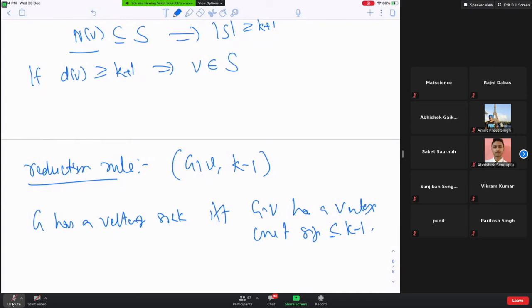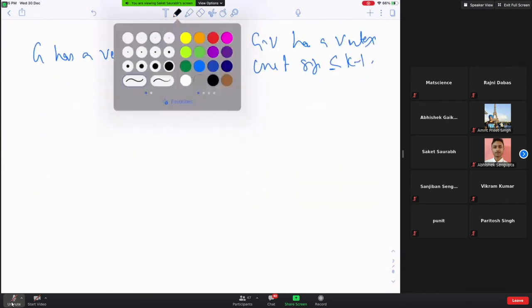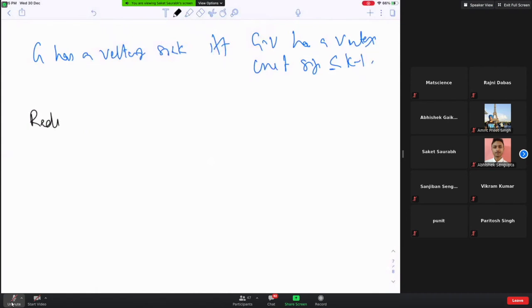So in my graph, if I find a vertex with degree greater or equal to K plus 1, then I know this vertex must be part of my vertex cover. I can delete it from the graph and look for a vertex cover of size at most K minus 1 in the remaining graph. Okay. Now let's look at a vertex.